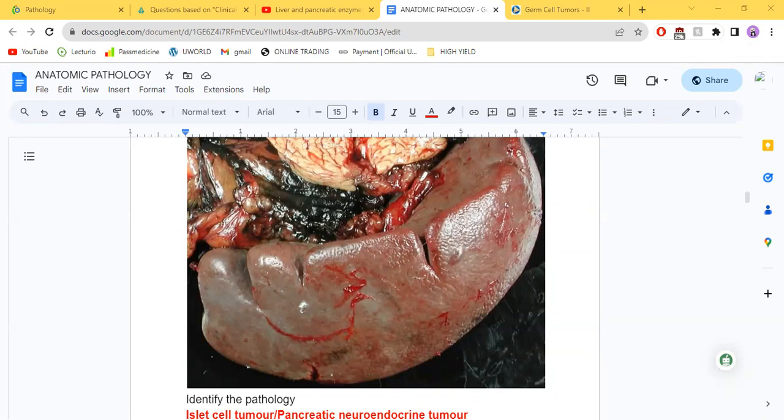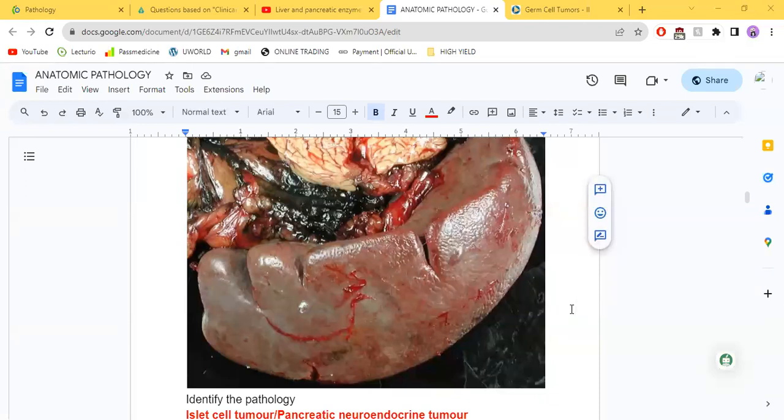So which cells do we usually find in the pancreas? You have beta cells, correct? Alpha cells, delta cells. Great. So if I have a tumor arising from the alpha cells, what do you expect to call this tumor?